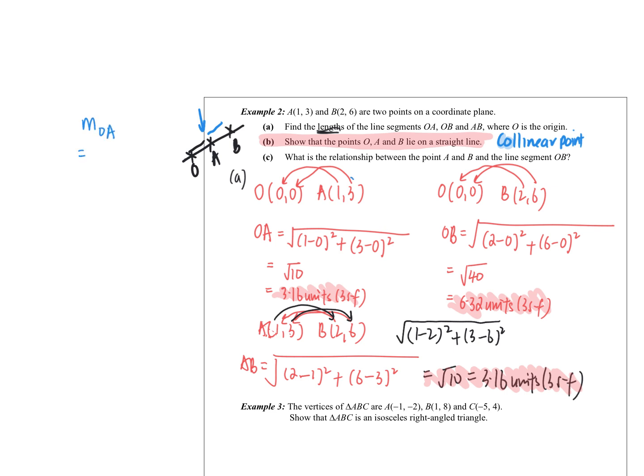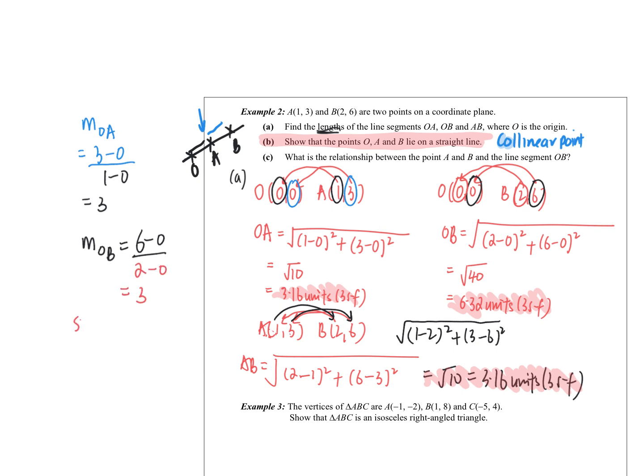So the gradient of OA is y2 minus y1 over x2 minus x1. So you get the gradient is 3. Okay, next gradient I can find is the gradient of OB, for example. So y2 minus y1 over x2 minus x1. So I also get 3.